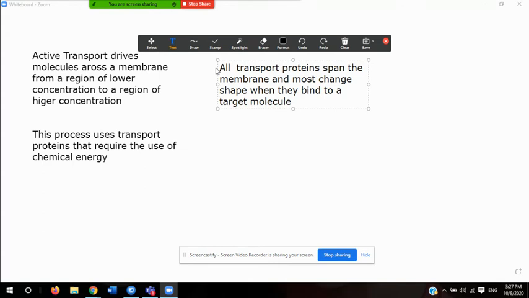Now, that being said, let's talk real quick about some more key facts on active transport.